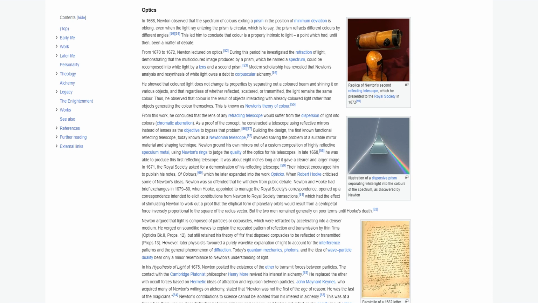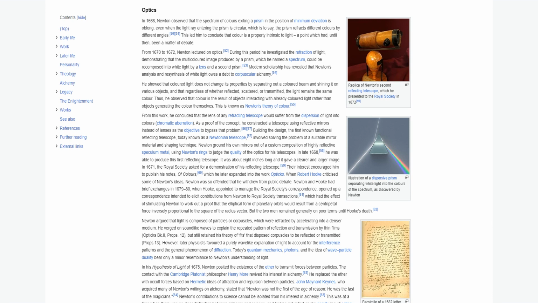From this work, he concluded that the lens of any refracting telescope would suffer from the dispersion of light into colors, chromatic aberration. As a proof of the concept, he constructed a telescope using reflective mirrors instead of lenses as the objective to bypass that problem. Building the design, the first known functional reflecting telescope, today known as a Newtonian telescope, involved solving the problem of a suitable mirror material and shaping technique.